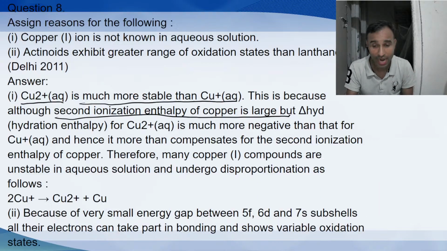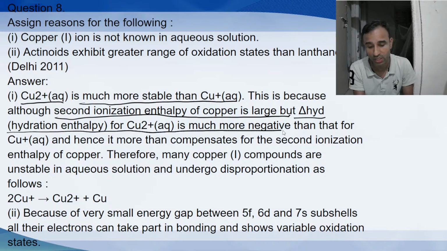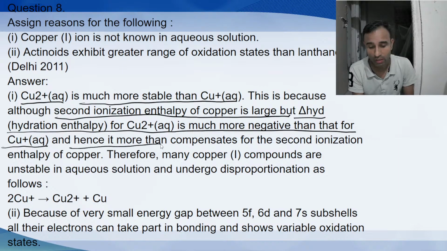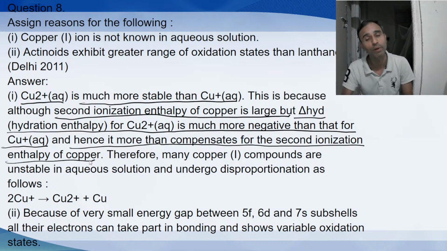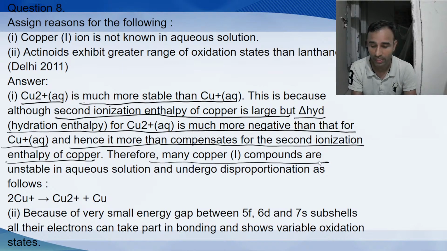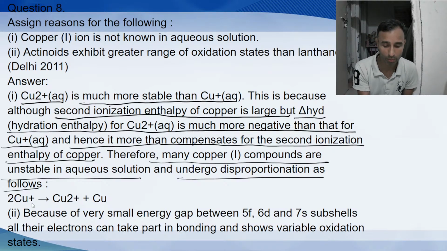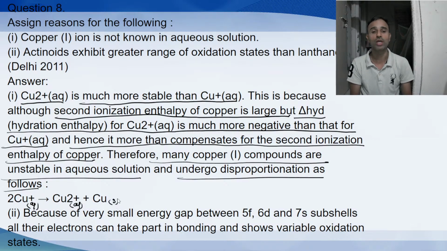But at the same time, the hydration energy of copper 2 plus is much more negative than that for copper 1 plus aqueous, and therefore it more than compensates for the second ionization enthalpy of copper. And that's why many copper 1 compounds are unstable in aqueous solution and undergo disproportionation as well. It is copper 1 plus aqueous giving copper 2 plus aqueous and copper solid.